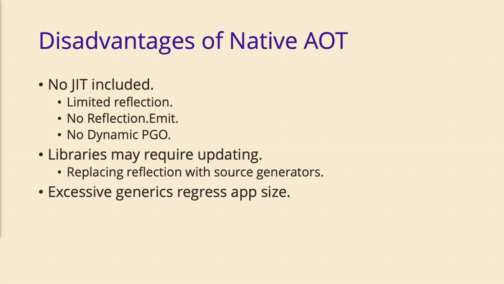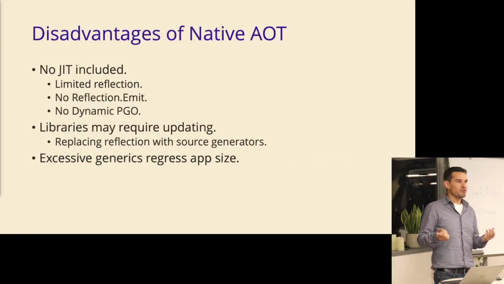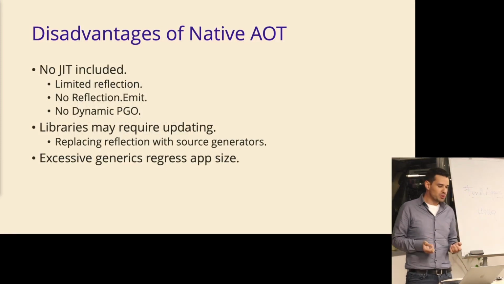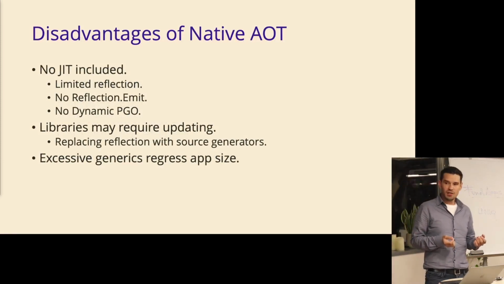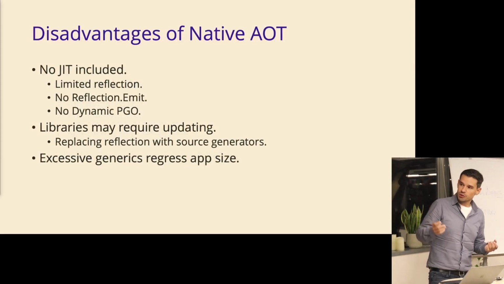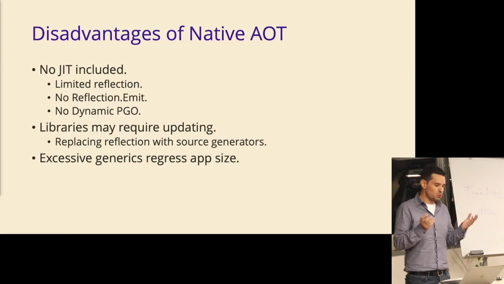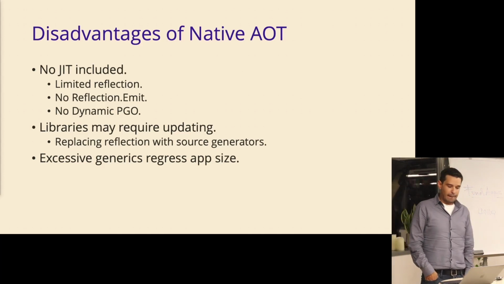So reflection APIs are limited. Some APIs you can never even call because under the covers they require dynamic code generation. You cannot use things like Reflection.Emit. You cannot use dynamic methods. You're not able to use System.Linq.Expressions. And of course, you won't be able to get access to dynamic PGO because that requires having a JIT.